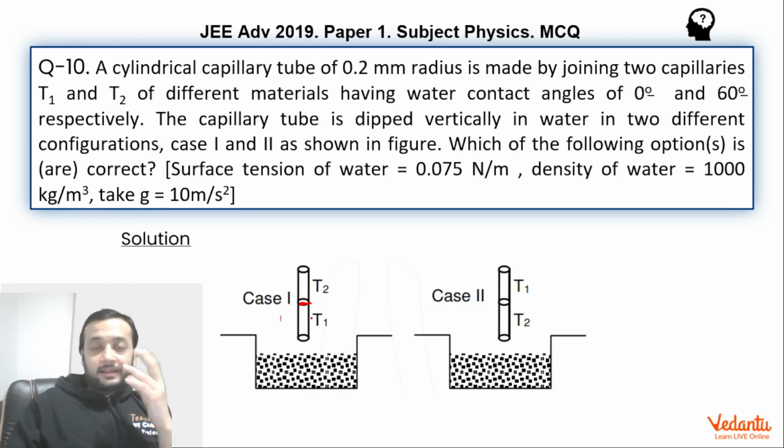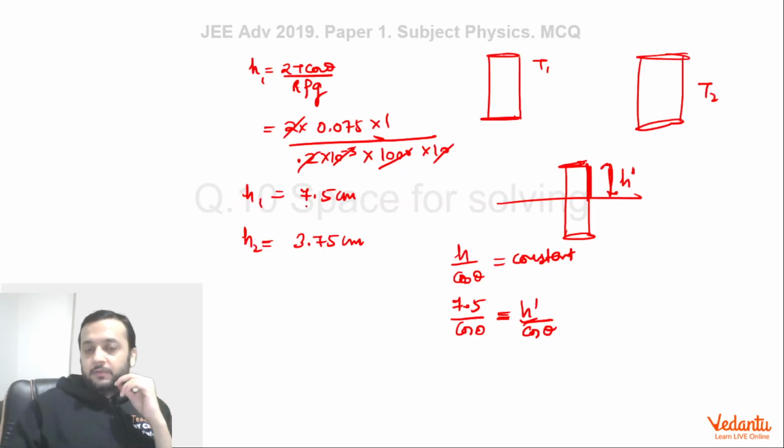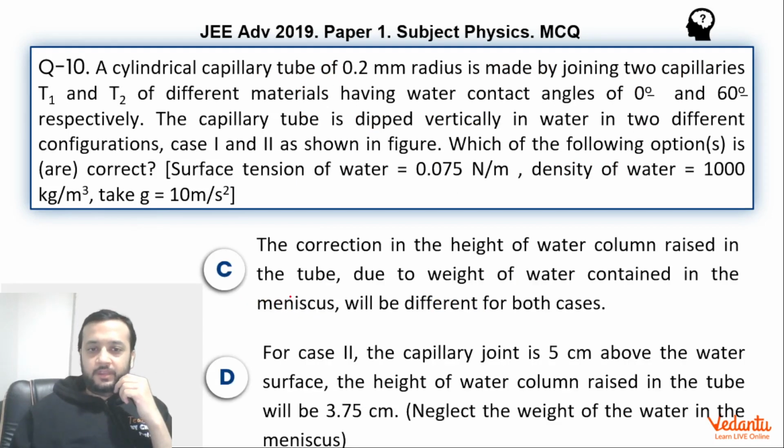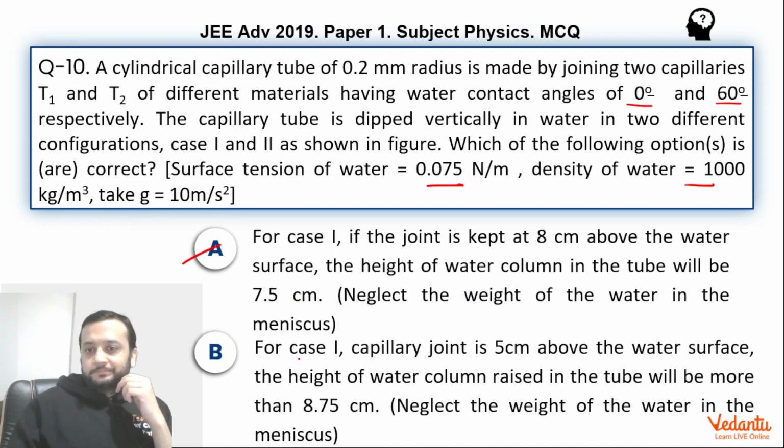And for T1, the water is going to rise only till 7.5. That means the presence of T2 is going to be irrelevant in this case. It's like water will feel as if there is only the capillary of T1, and hence it is going to rise up till only 7.5. So option A is correct.